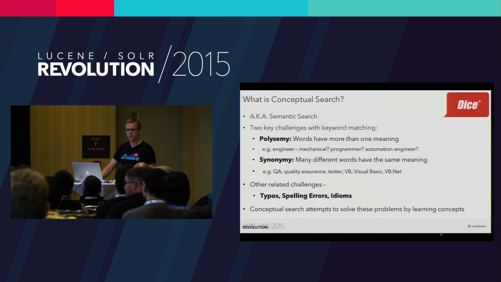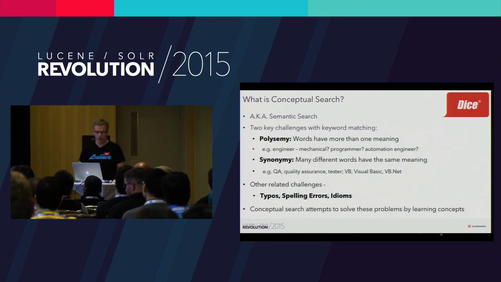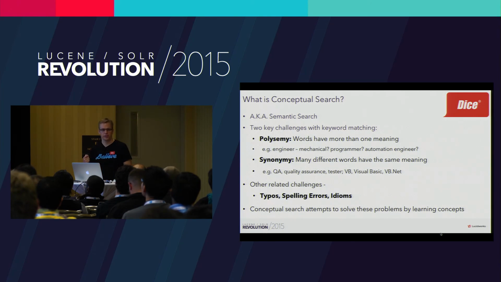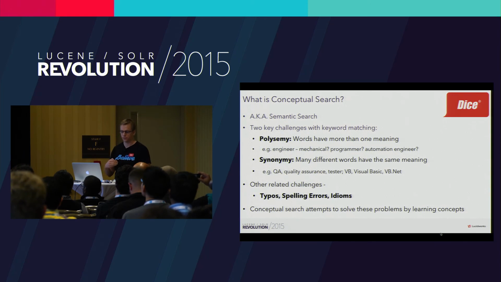So what is conceptual search? And what does this have to do with improving recall? It also goes by the name of semantic search. The key idea behind conceptual search is that rather than doing keyword matching, so rather than relying on keywords in a document to match exactly the query terms, conceptual search tries to learn concepts that are important in your domain.